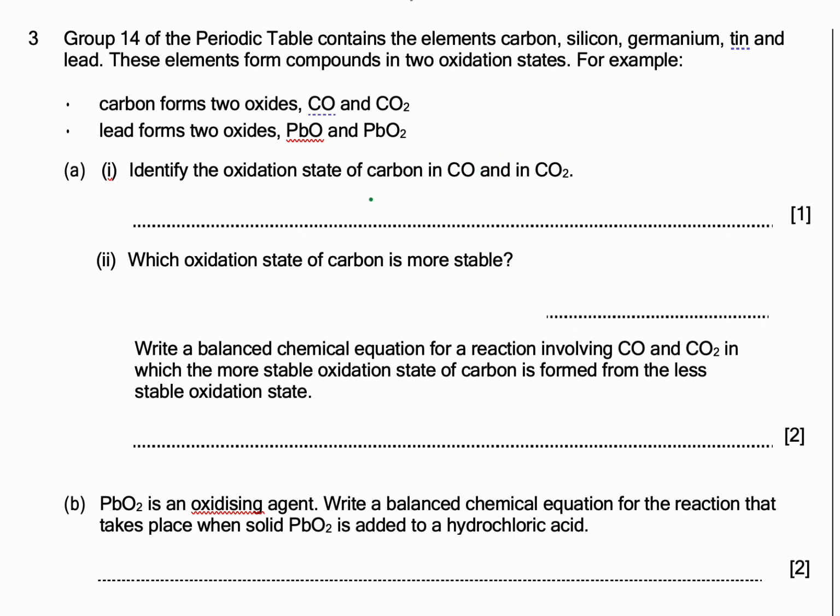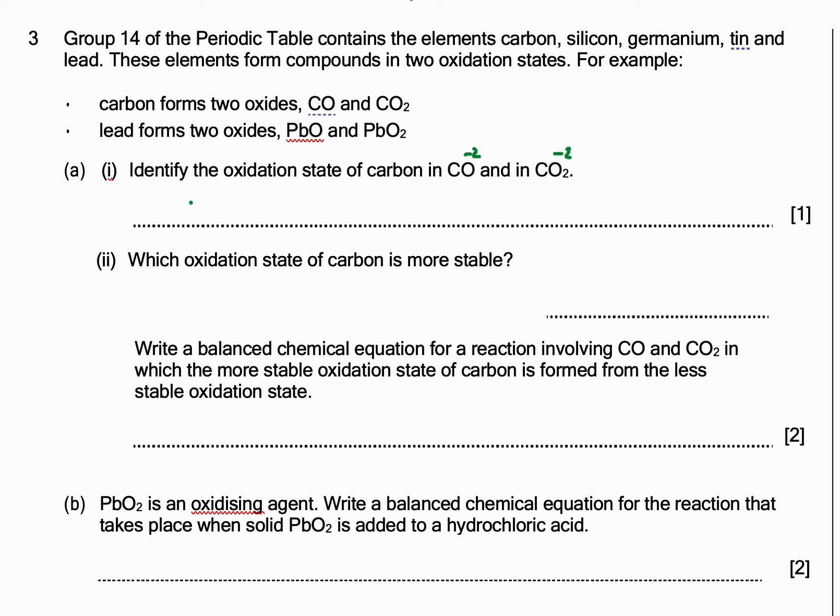To identify the oxidation state of carbon, you need to remember the zero-sum method, which shows that for all molecules the total oxidation state is zero. Here we have oxygen, whose most stable oxidation state is -2. As it is a molecule, the total oxidation state must be 0.